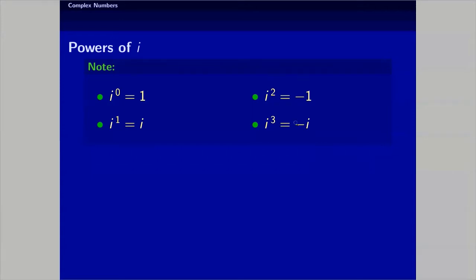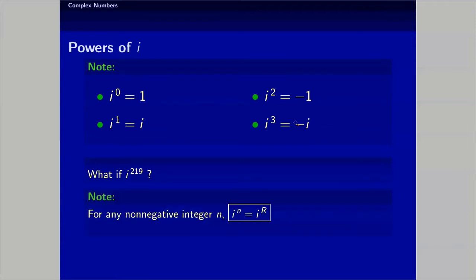Okay? But what if we have i raised to 219? How do we get the value of i raised to 219? Well, it's easy. All you have to do is to remember this note that i raised to n, where n is any non-negative integer, is equal to i raised to r. What is this r?